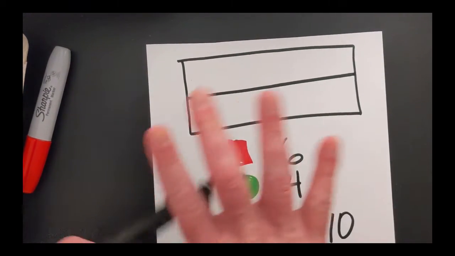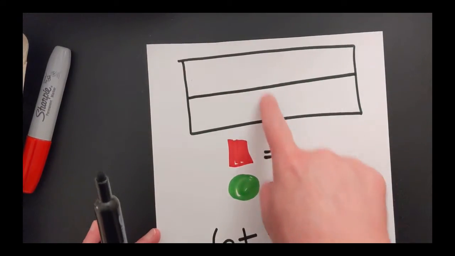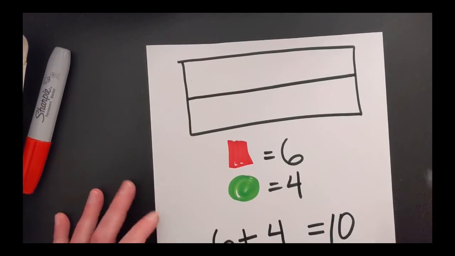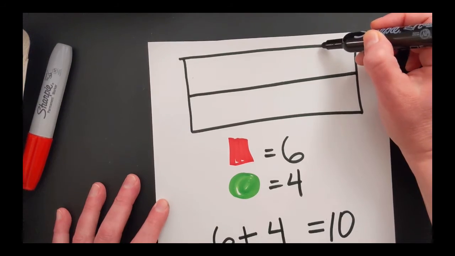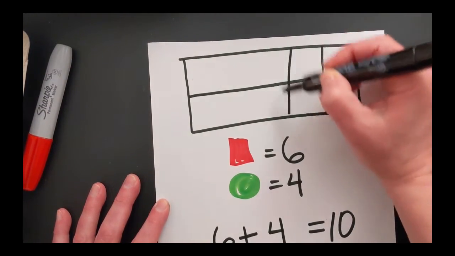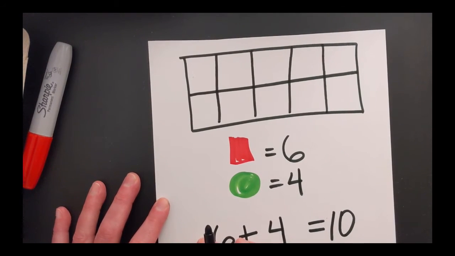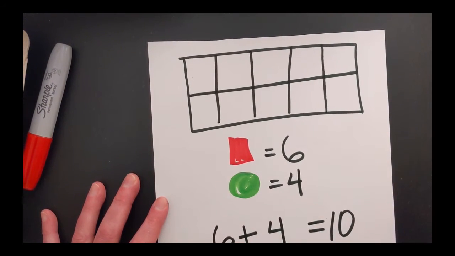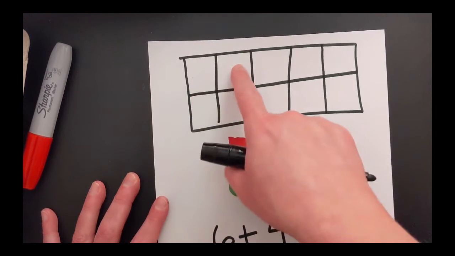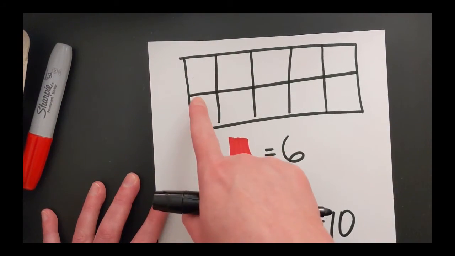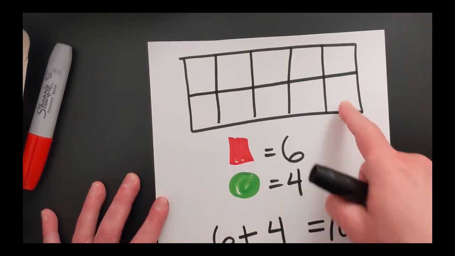Now we're going to draw 4 lines. Boop, boop, boop, boop. And it doesn't matter if they're exactly equal. So here we go. Ready? 1, 2, 3, 4. Now count your boxes just to make sure that we didn't make a mistake. 1, 2, 3, 4, 5, 6, 7, 8, 9, 10.